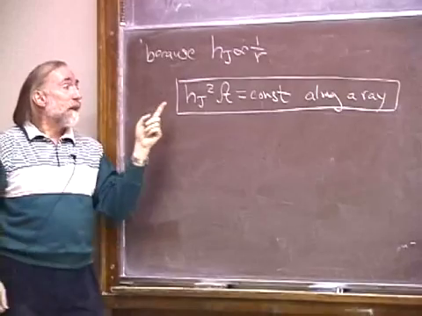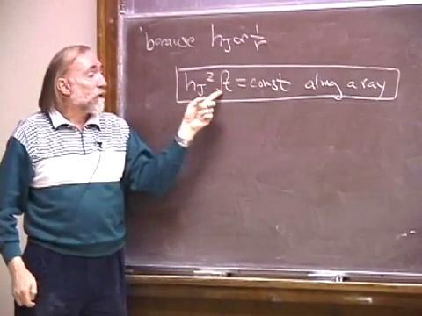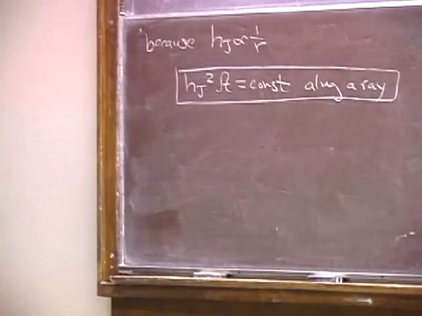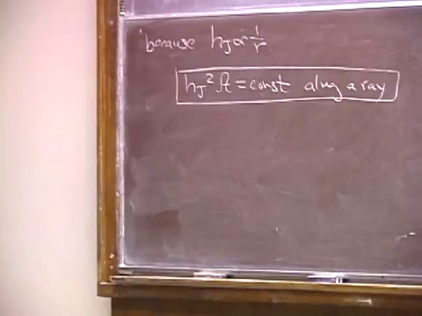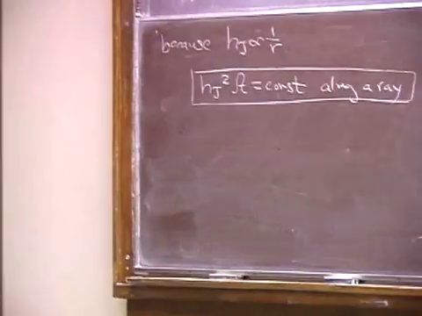And the statement is that Hj squared times that cross-sectional area will be a constant along the ray. Equally true for electromagnetic waves and photons, and for gravitational waves and gravitons, and for neutrinos, or any other kind of a particle that's moving along at the speed of light and is conserved. They're all equivalent to the law of conservation of quanta.